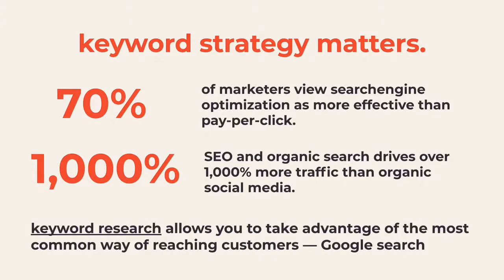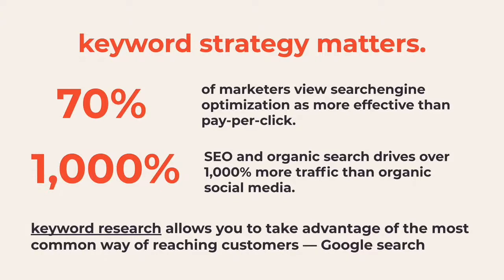I think the reason for this is because with pay-per-click, they have to fill out a form or something, whereas with search engine optimization, they are at a certain stage in the buyer's process where they are searching for a particular thing, and if you are helping them with that thing, if you are giving them value, if you are answering their question, they're going to see your website as valuable to them. So I think that's the reason why most marketers say that. One of the many reasons, I would say.